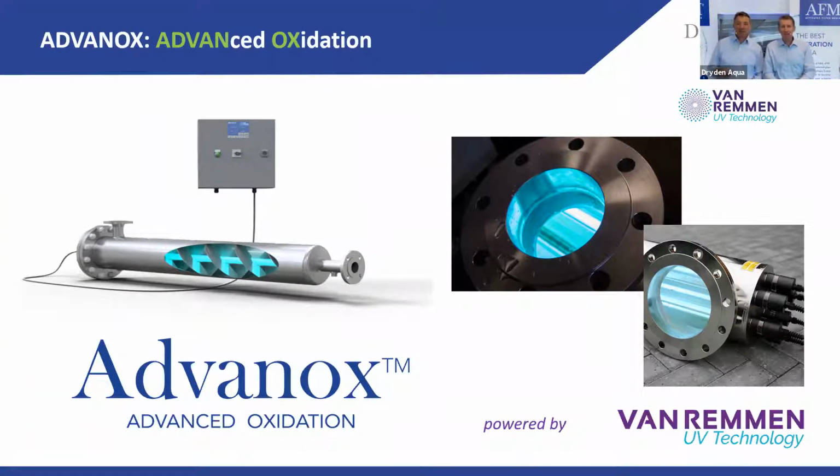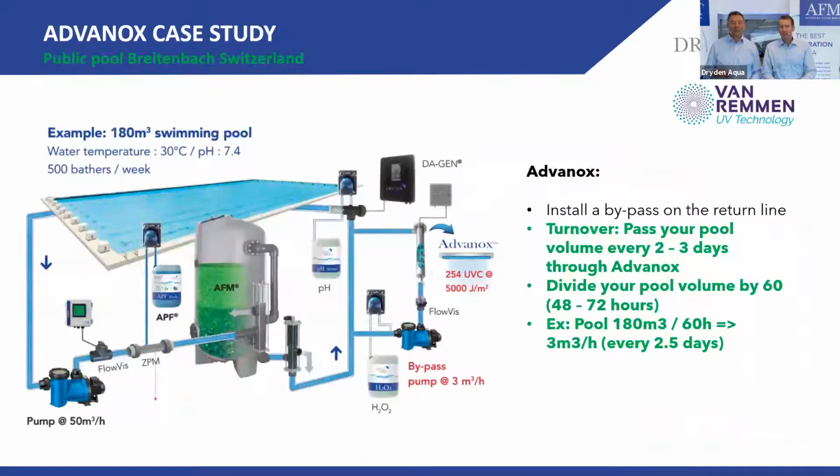And here you see what the units look like. You have a good example here from the pool in Breitenbach that we have mentioned a few times. This is where I learned to swim, so it's not a new one. And this is our internal test pool here. What we do is the Advanox is installed in a bypass.